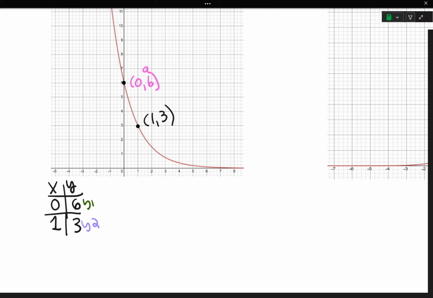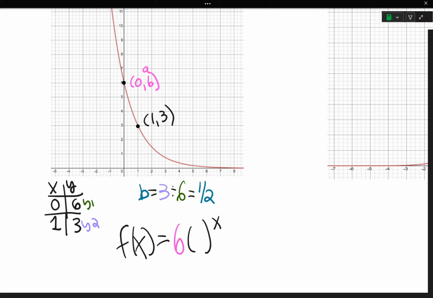Because if we did it backwards, we would get the wrong answer. Okay, let's find b. b equals 3 divided by 6. 3 divided by 6 is 1/2. F of x equals 6 times 1/2 to the power of x.